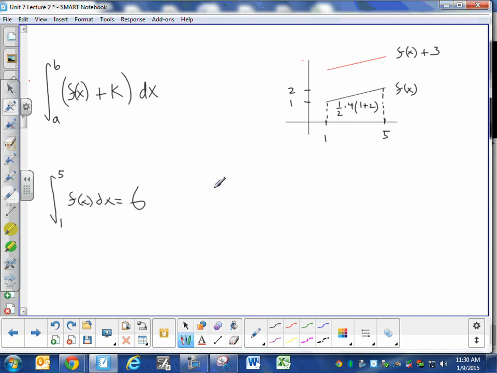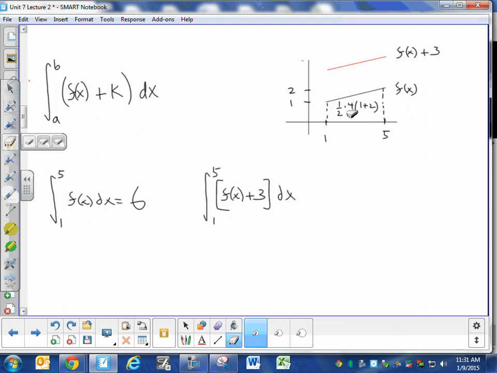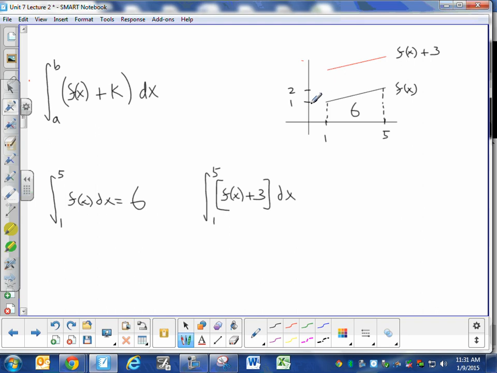All right, let's find the area from 1 to 5 of f of x plus 3. So what was 1, 1 becomes 1, 4.